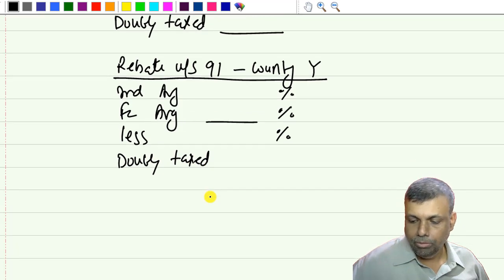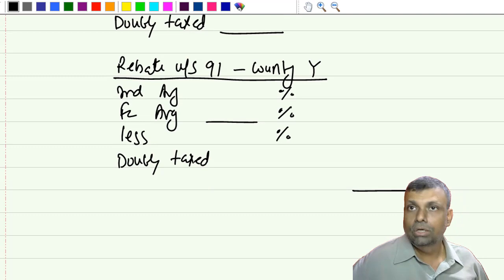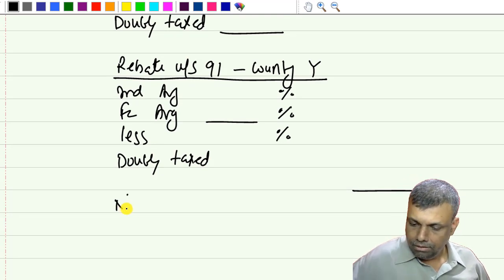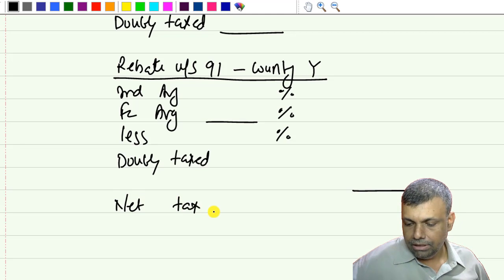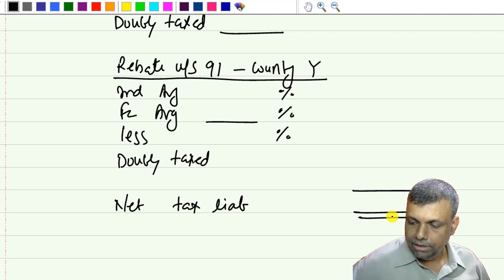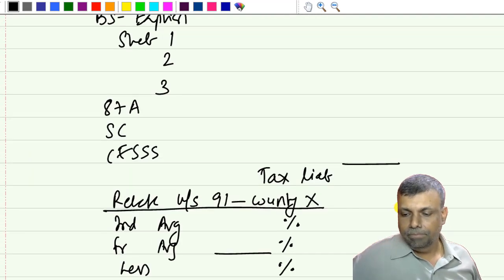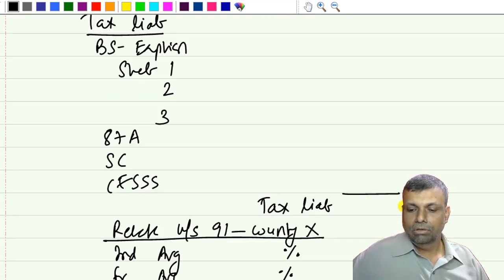Doubly taxed income, when you multiply with this, you will get the rebate. You will get two rebates basically with respect to both the countries. Then your net tax liability, you will get it. Okay, this is the structure of your answer, the entire answer that is already developed in terms of tax liability calculation.